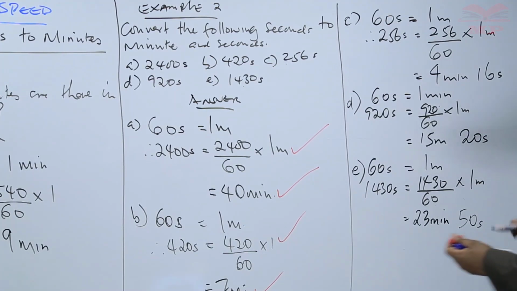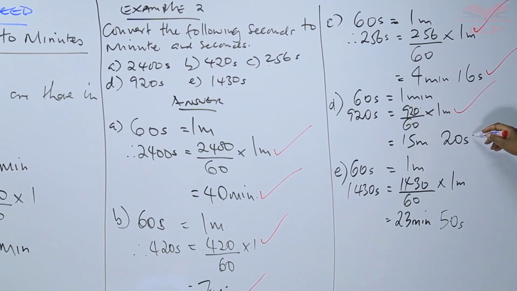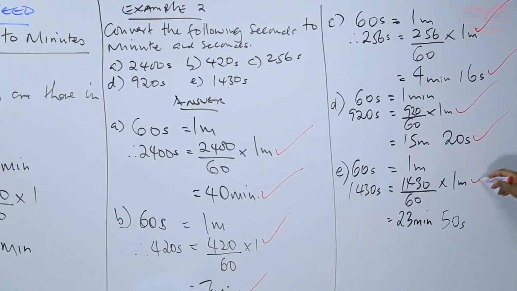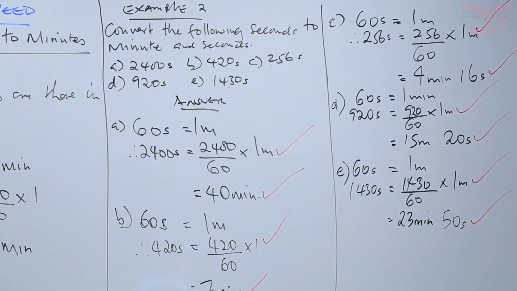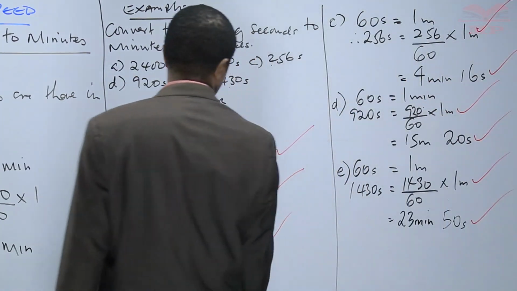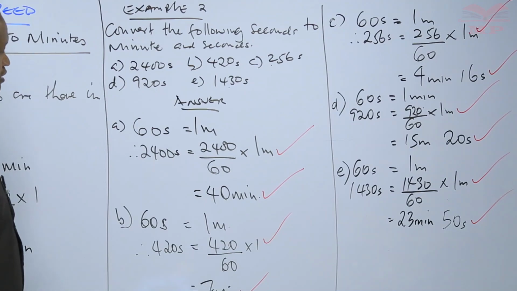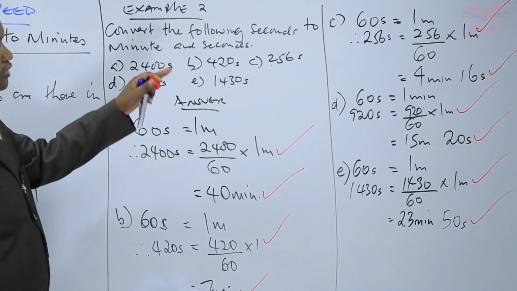So this is correct, this is correct, this one is correct. I've gotten everything correct. I've answered all the questions correctly. These are 1, 2, 3, 4, 5.